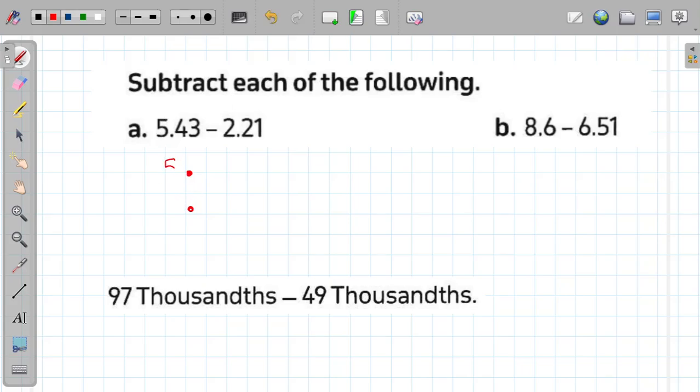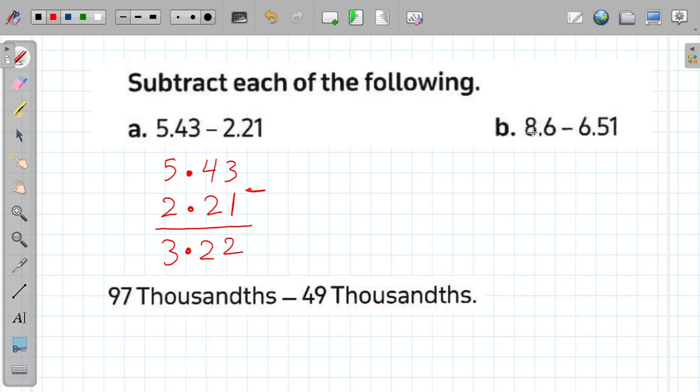I have here 5 ones, 4 tenths, and 3 hundredths. And next I have 2 ones, 2 tenths, and 1 hundredth. Okay, so I will subtract 3 minus 1 equals 2, 4 minus 2 equals 2, and 5 minus 2 equals 3, and I will put the decimal point in its place, so it will be 3.22.